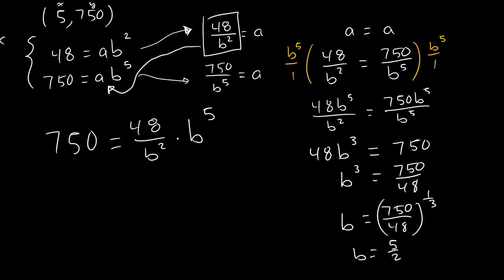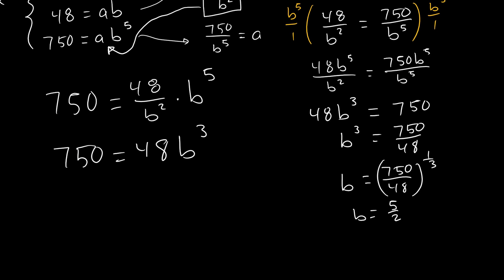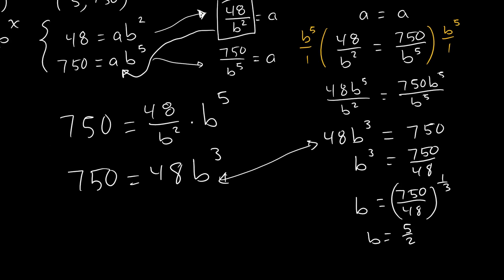I've got b to the fifth power being multiplied by 48 over b squared, which is what? Well, 750 is still 750, but that becomes 48 times b to the third. You know, that looks clean. That's not a bad way to go. I probably like that better than the equal values method. But you can see the reason why I'm stopping here is because at this point they're exactly the same, and it seems like I did that in fewer steps.